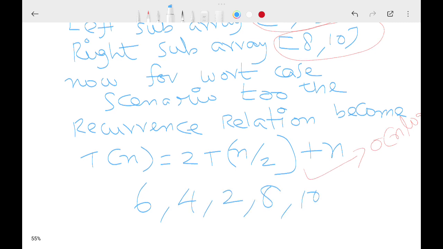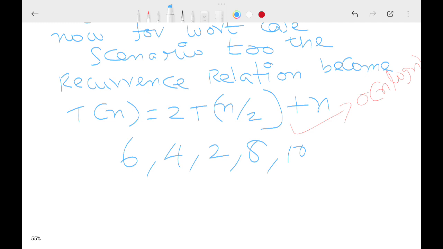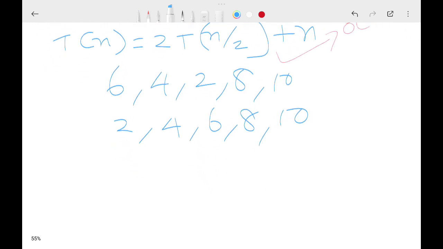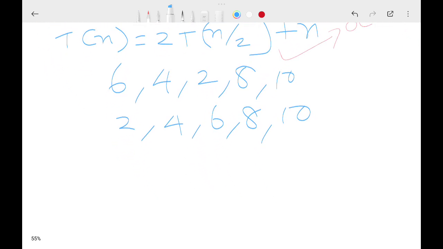If you use randomized quicksort and it selects the third element as the pivot element, then if you swap that third element with the first element, the unsorted input becomes sorted input. But it is very rare. The chance of such a rare scenario happening is 1 by n factorial, which is very small.